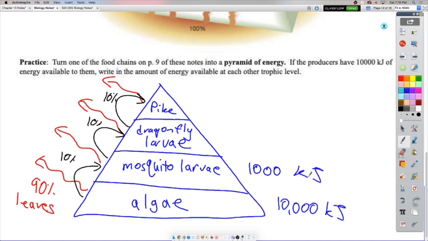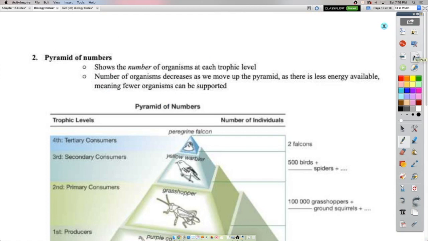Then drop another zero, so this will have 100 kilojoules, and the pike would have 10 kilojoules of energy available to it. That's where the energy is hanging out. At the pike level, there are 10 kilojoules of energy. At the algae level, there's a lot more energy, which makes sense because 90% is lost each time you move up the pyramid.